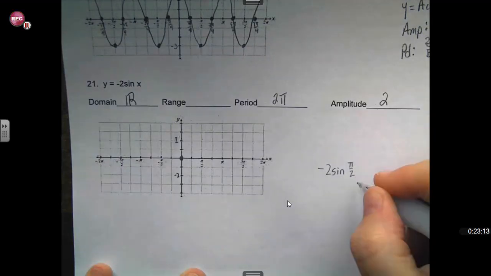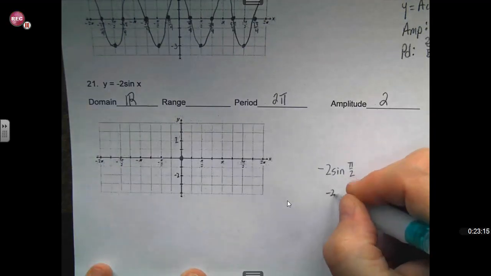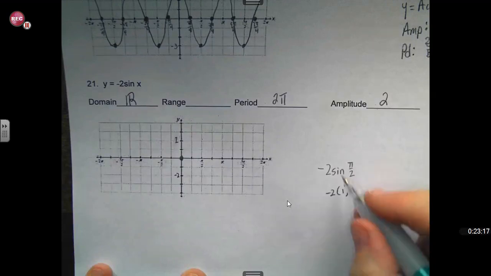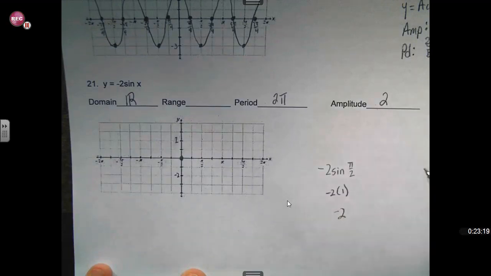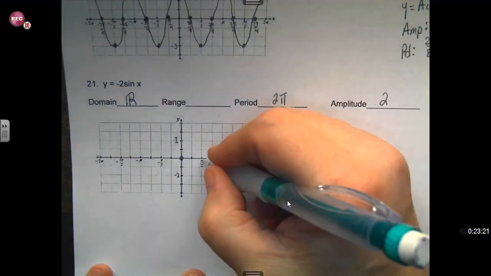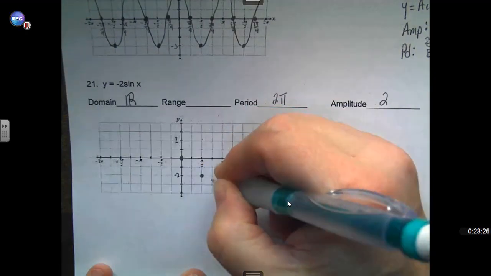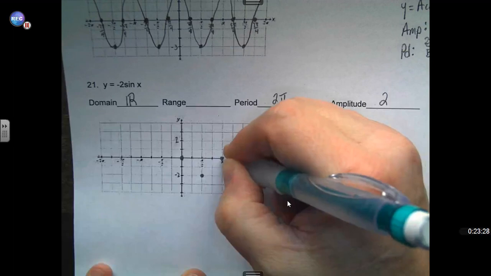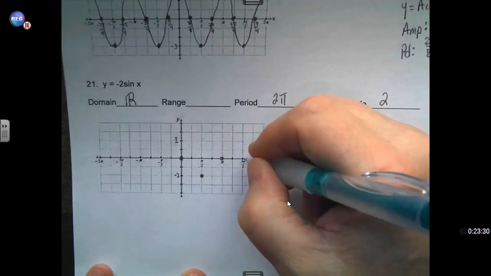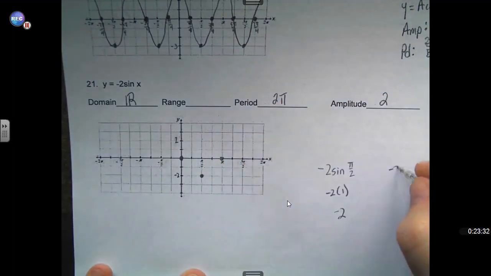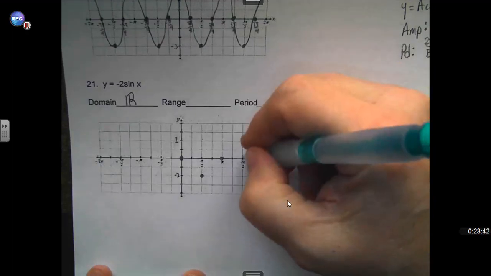So when I plug in pi over 2, the sine of pi over 2 is 1. So when I figure that out, I actually get negative 2. And then when I plug in pi, I'll go back to 0. And when I plug in 3 pi over 2, negative 2 times the sine of 3 pi over 2, which is negative 1, I get positive 2.